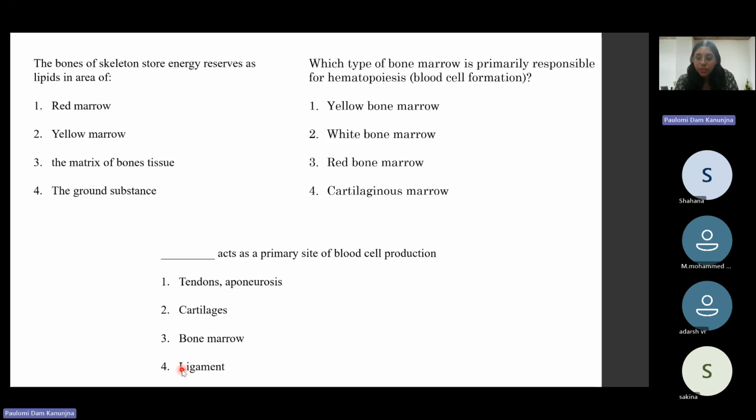Yeah, we can wait for 2 minutes here, because it's three questions together. So take your time, and then we move ahead.